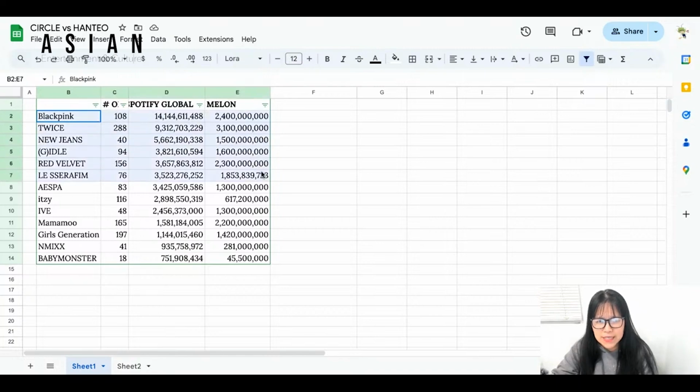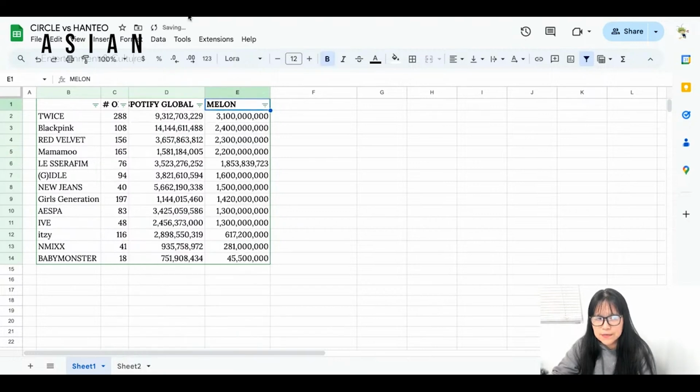I do think that this actually tells a story on what kind of group is actually going to make it bigger. So it's obvious that when it comes to G Idol and Red Velvet, they are bigger in South Korea, but globally, you have New Jeans.